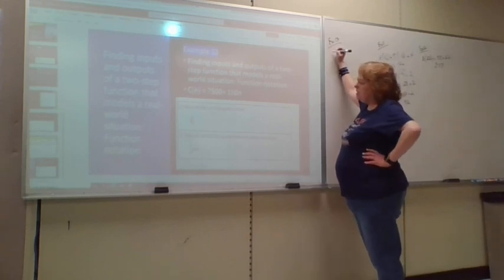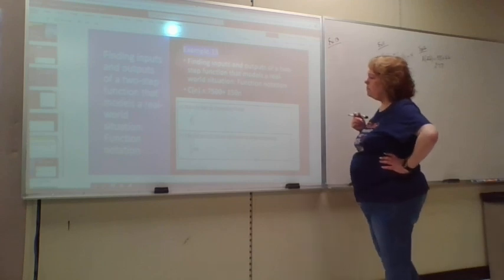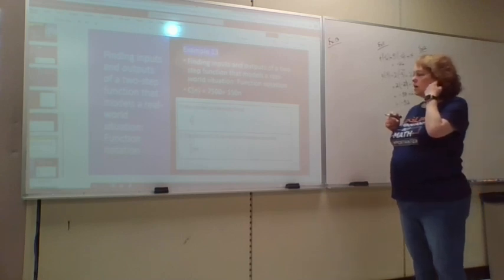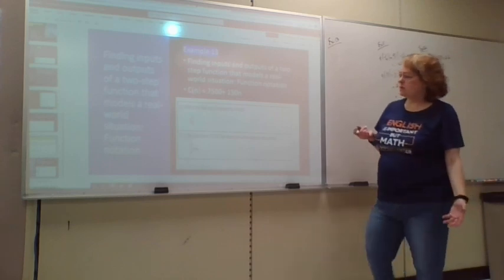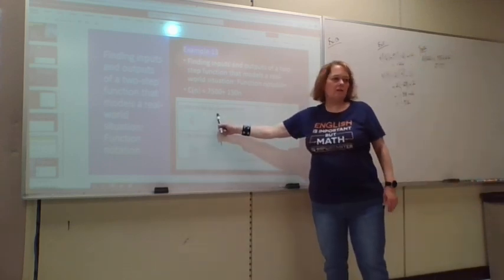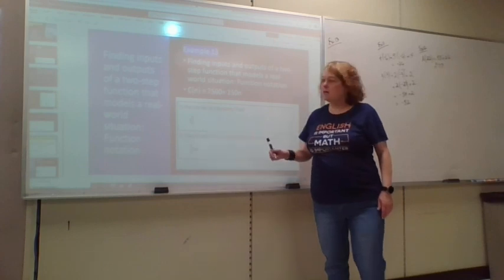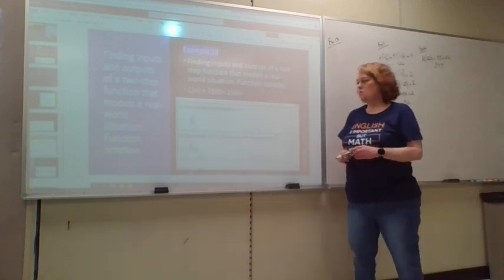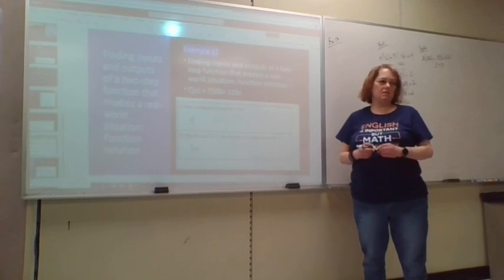So we have C of N equals 7,500 plus 150 N. So look at part A. What is the total cost of transporting 14 tons? So what are we searching for? The total cost. Which variable is it, the C of N or the N?